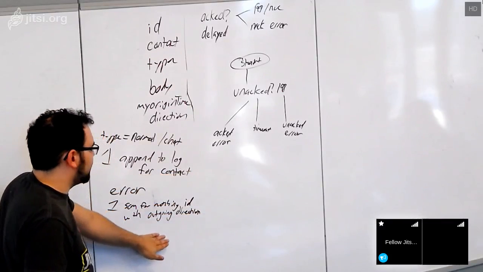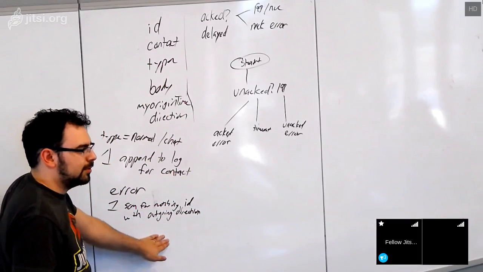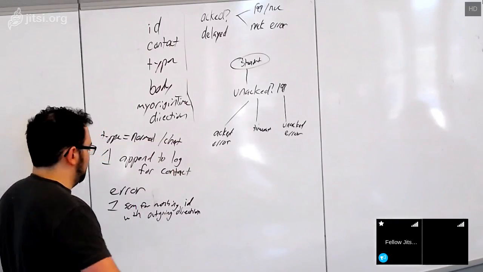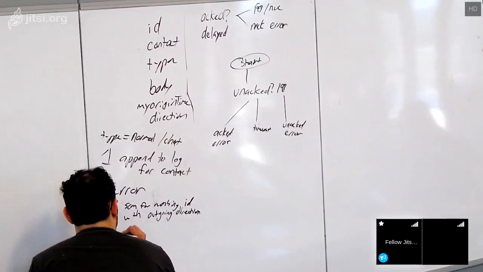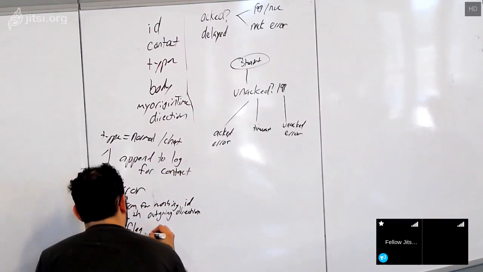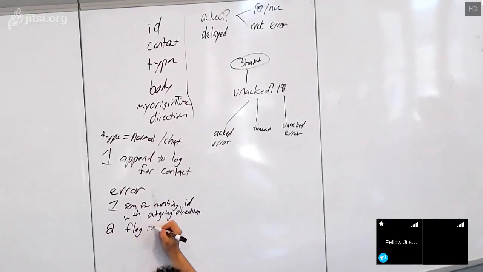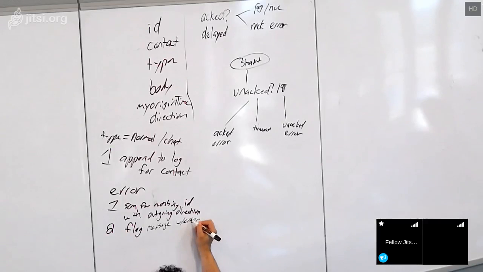So scan for matching ID with outgoing direction. Now we flag the message with an error. We're assuming these are all client generated. Yes, for this they have to be.